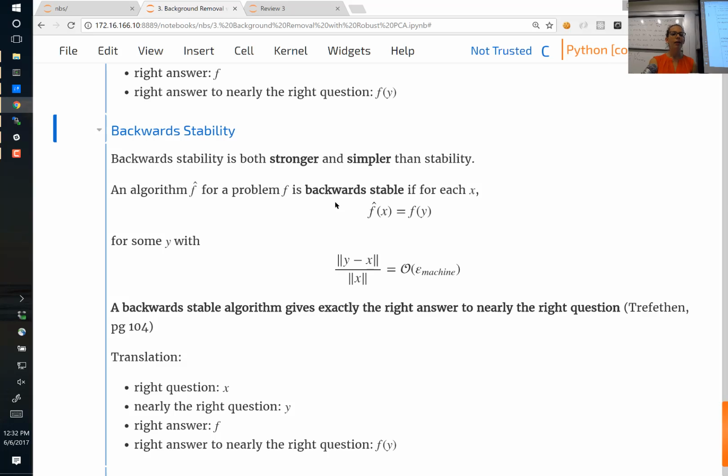An algorithm F hat for a problem F is backward stable if for each X there's a Y close to it, such that F hat of X equals F of Y. Trefethen says a backward stable algorithm gives exactly the right answer to nearly the right question. So that's why we're taking F hat of X equals F of Y.